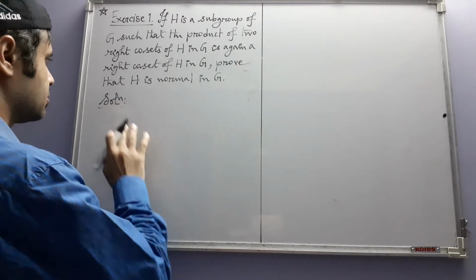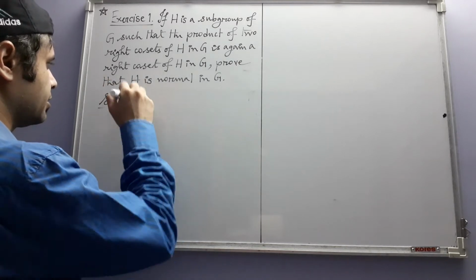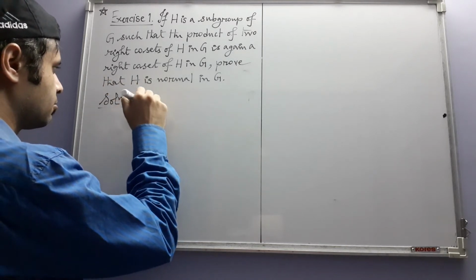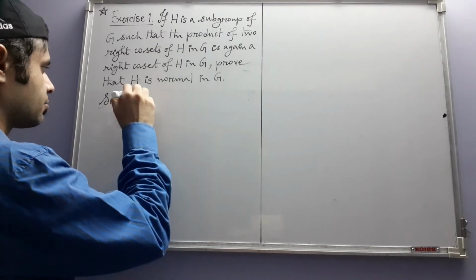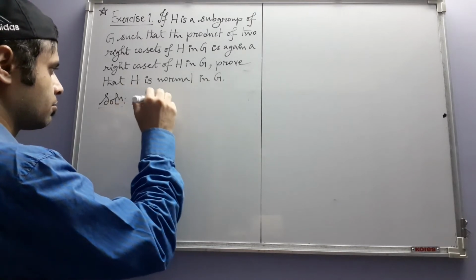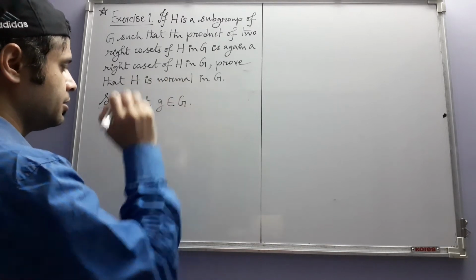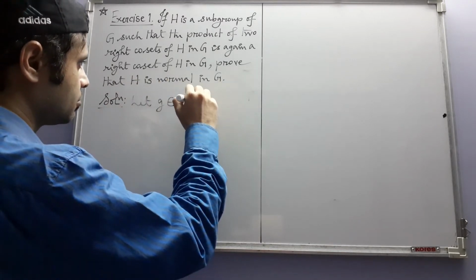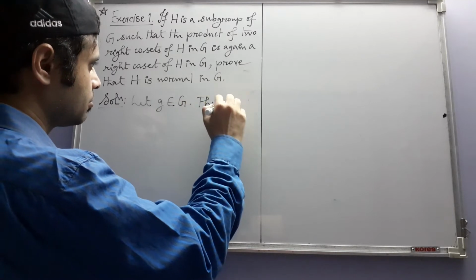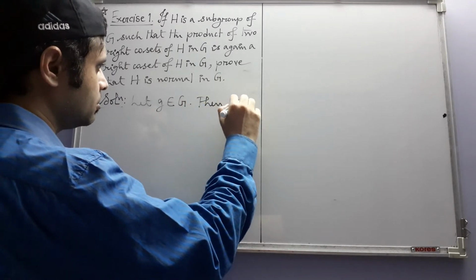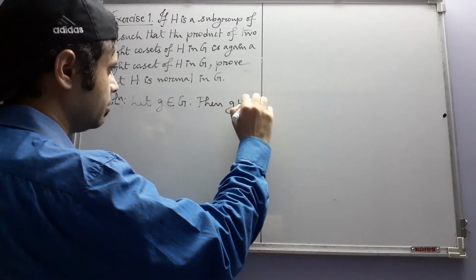So let us see how we can get a solution. Let g be any element in G. Then gHg inverse.